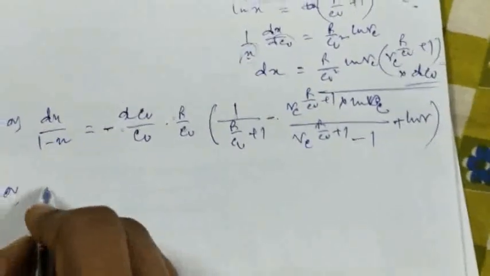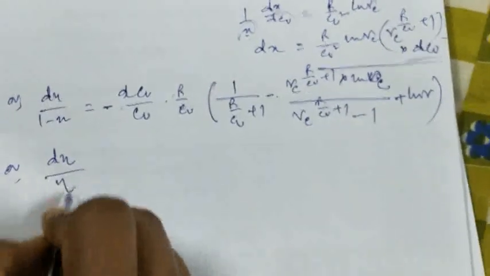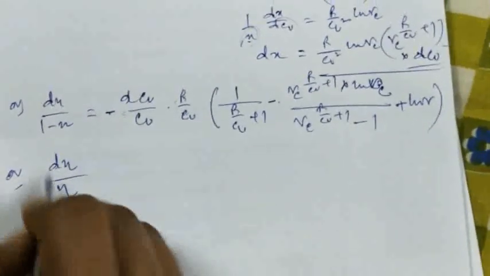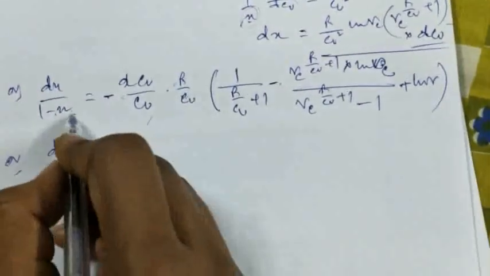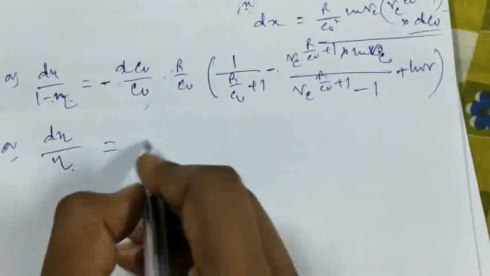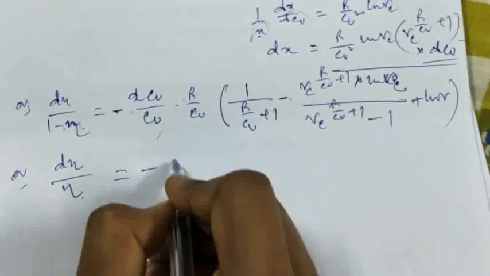Now we can rearrange this equation, d efficiency by efficiency, this will signify change in efficiency, equal to 1 minus efficiency will be this side, so we can write in this way.